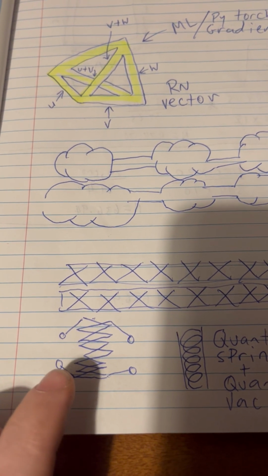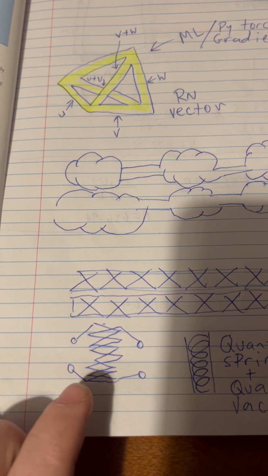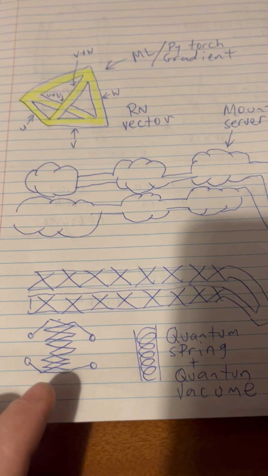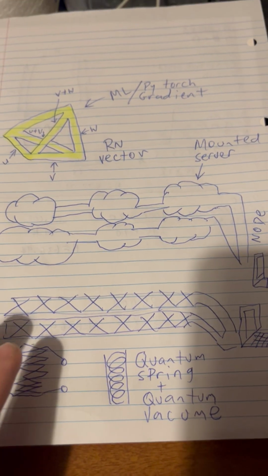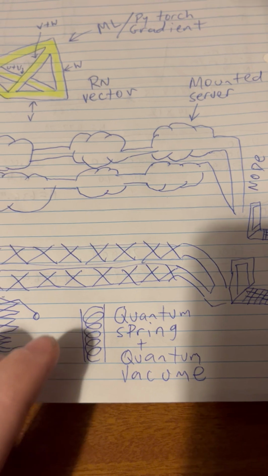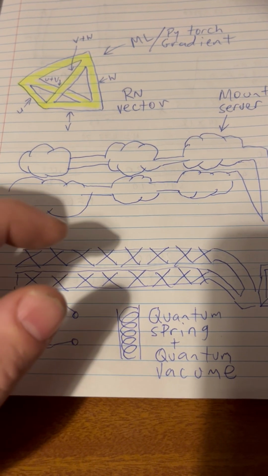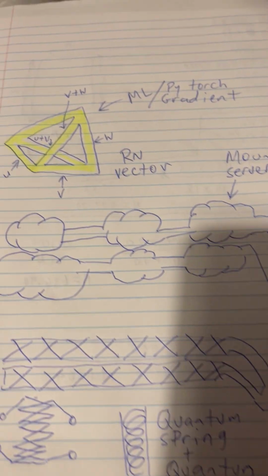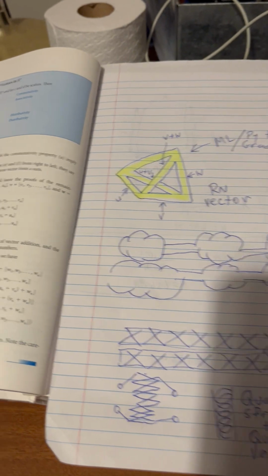I run a 2-10-10-2 neural network through a PyTorch component, and basically what happens is over a long area, this turns into a quantum spring, and two quantum springs running parallel to each other turns into a quantum vacuum, and a quantum vacuum starts water spouts.